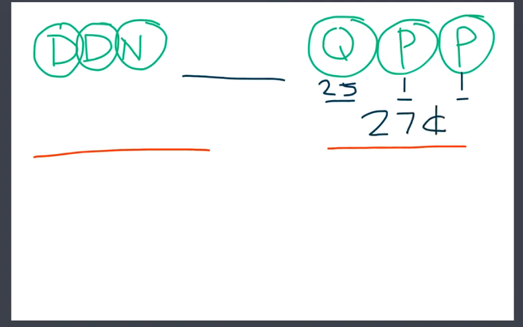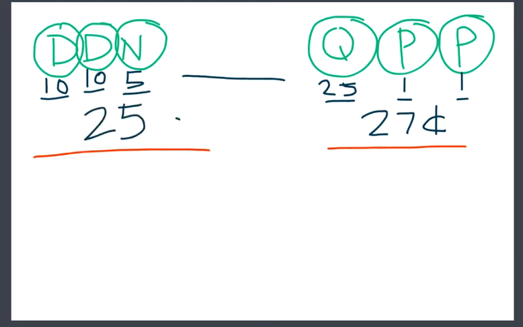Now I need to figure out the other side. I see two capital D's and an N, and I know that those stand for 2 dimes and a nickel. A dime is worth 10, a dime is worth 10, a nickel is worth 5. So 10, 20, plus 5 more is 25.